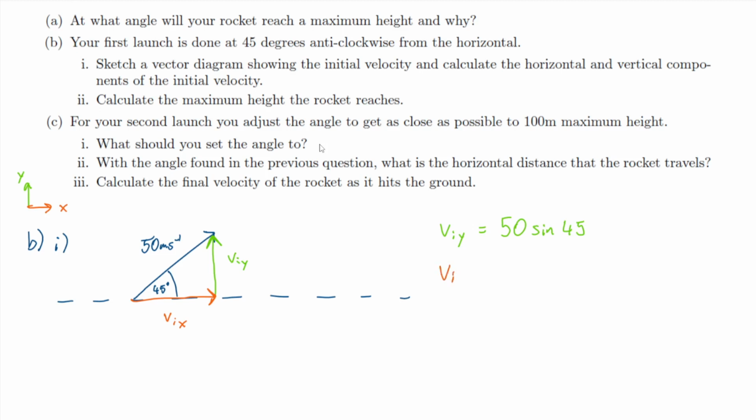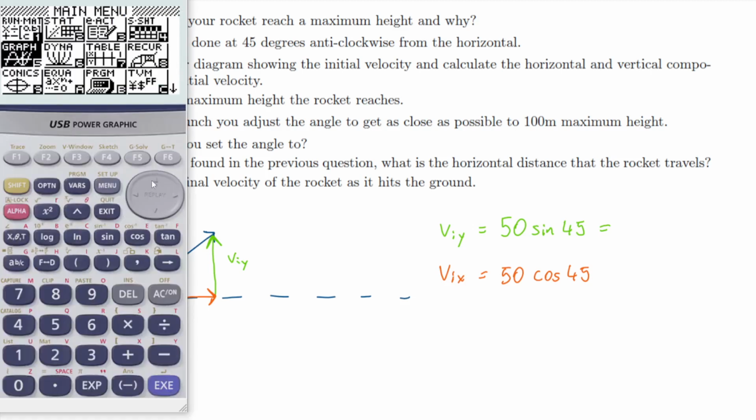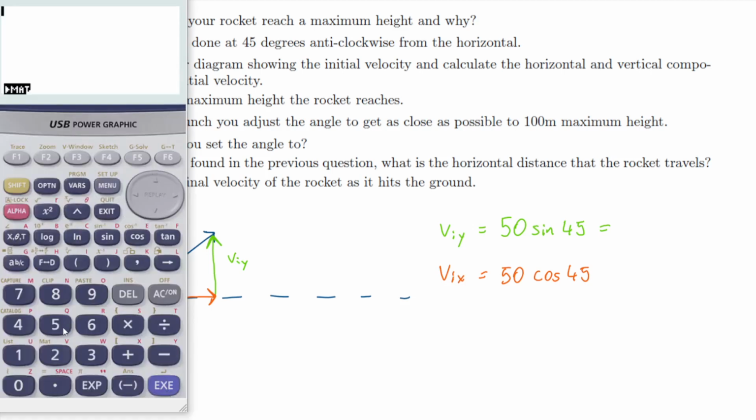And by that same logic, Vix is 50 cosine of 45. And if you work that out, so menu, run math, 50 sine 45.